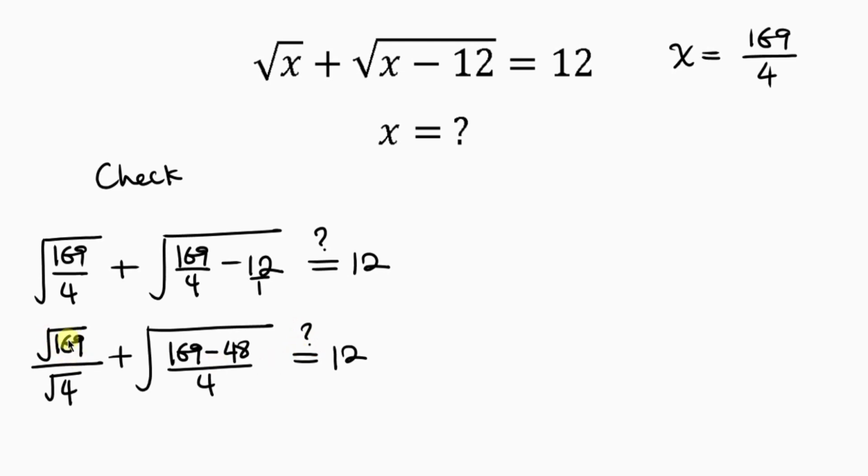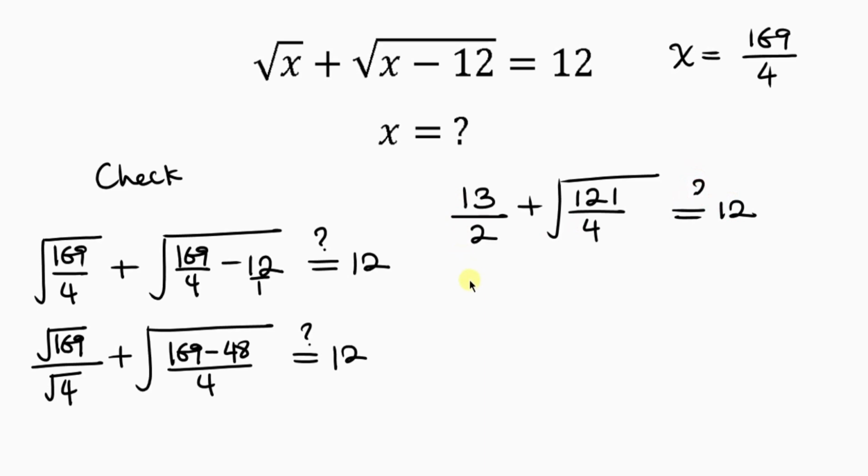Now the square root of 169 is 13 all over the square root of 4, which is 2, plus the square root of, now 169 minus 48 is 121 all over 4. So will this be 12?